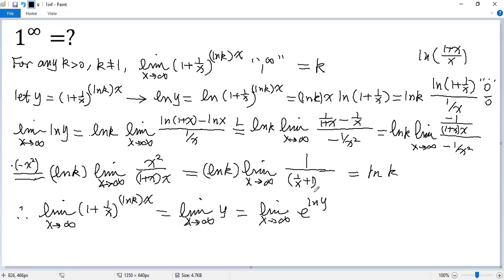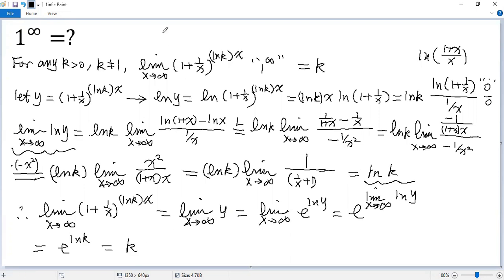Now, e to the power x is continuous, so we can put the limit sign up into the exponent position. So we get e to the power of the limit as x approaches infinity of ln y. Now we know the limit of ln y equals ln k. So we get e to the power ln k. That is exactly equal to k. So that means 1 to the power infinity can be any positive number, but not 1.